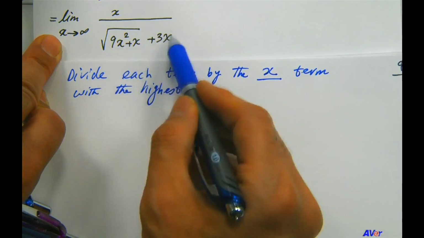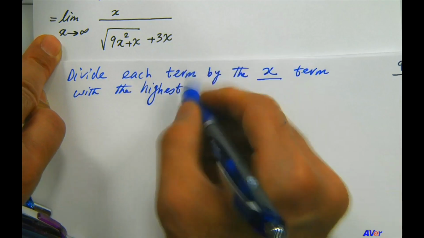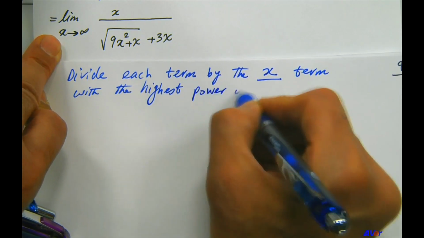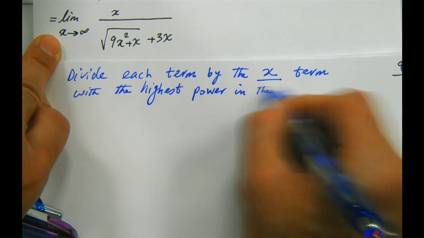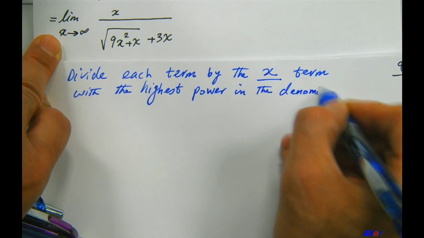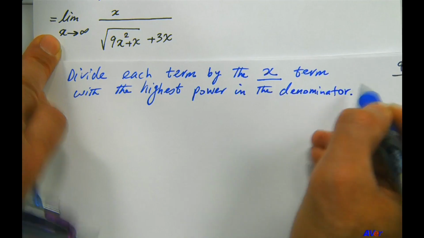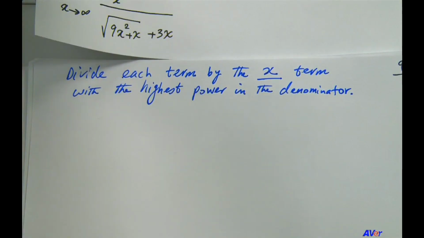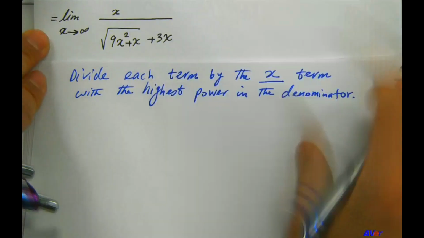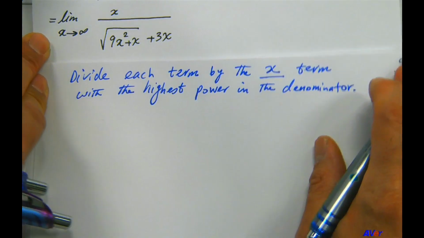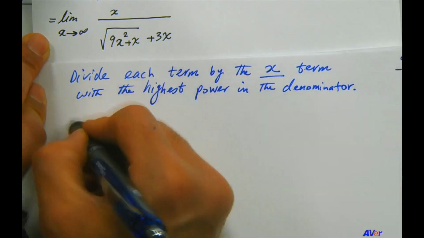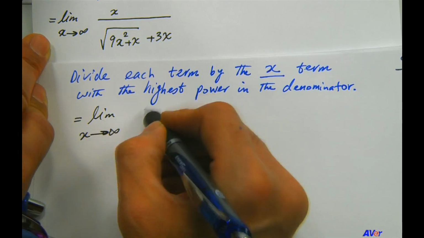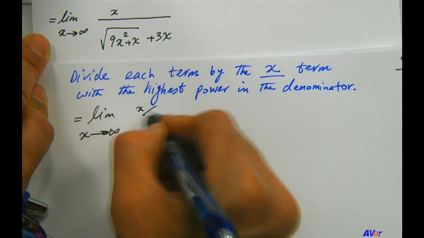So just the x to the highest power it appears, with the highest power in the denominator. Okay, let's do that. So we have the limit as x approaches infinity of x divided by x.